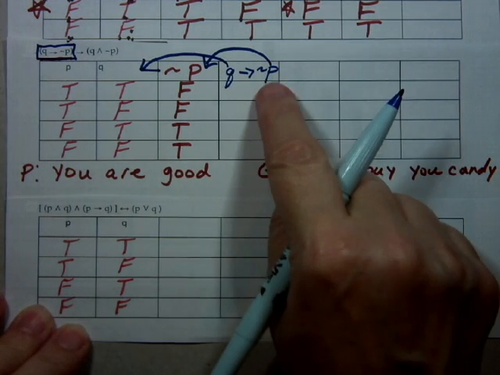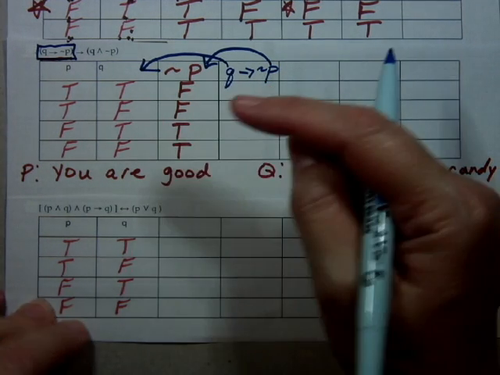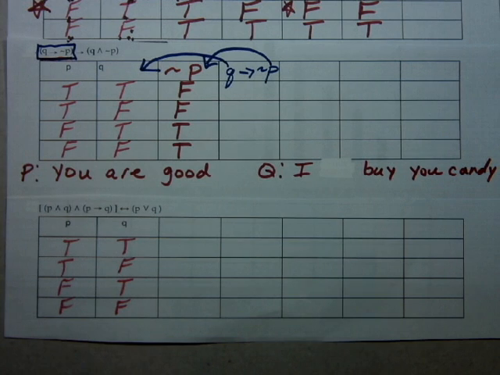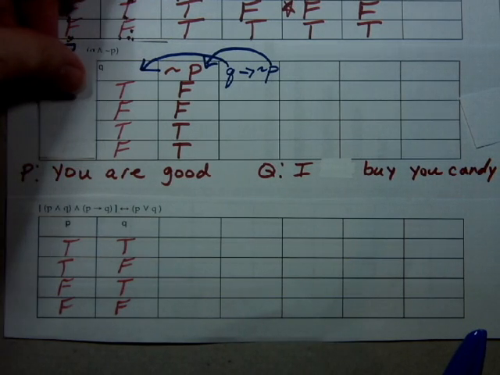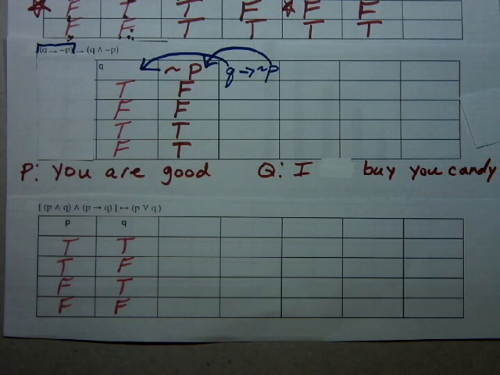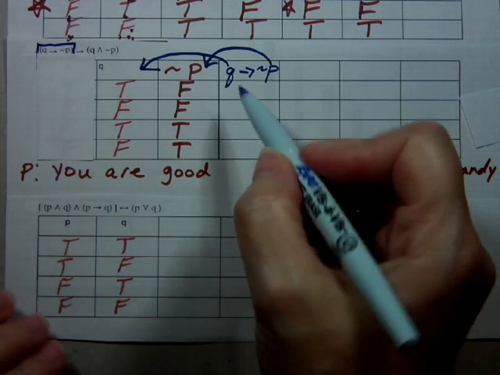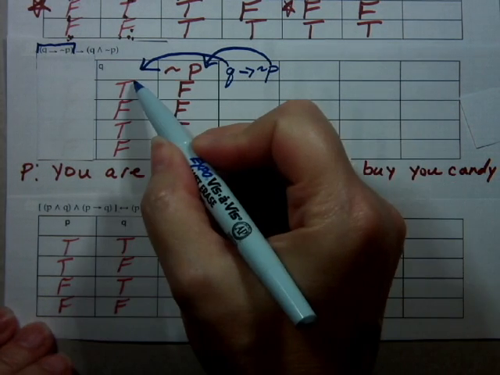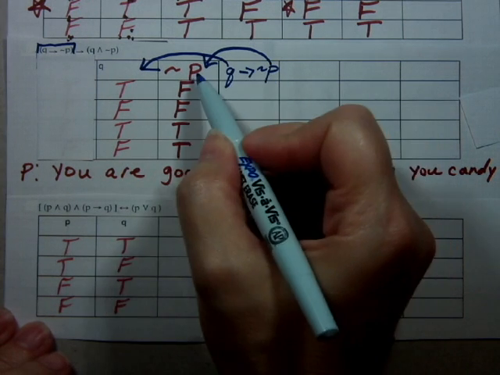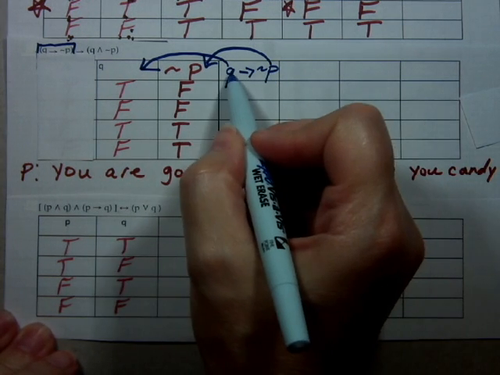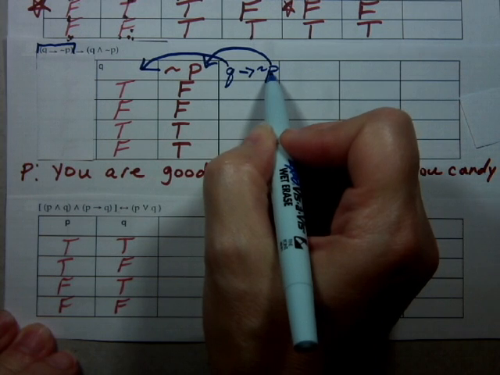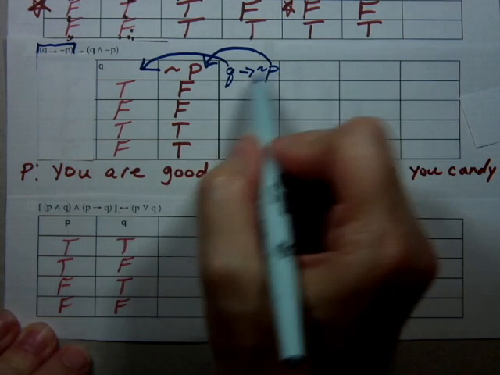Now don't worry about the fact that it says not P. I always just look at two columns at a time and say if this, then that. I'm not even going to look at this column. I don't need it.